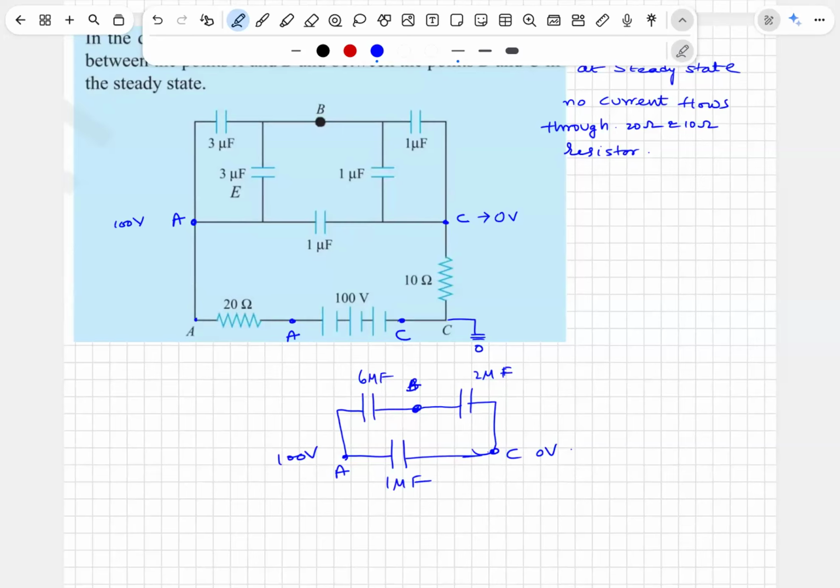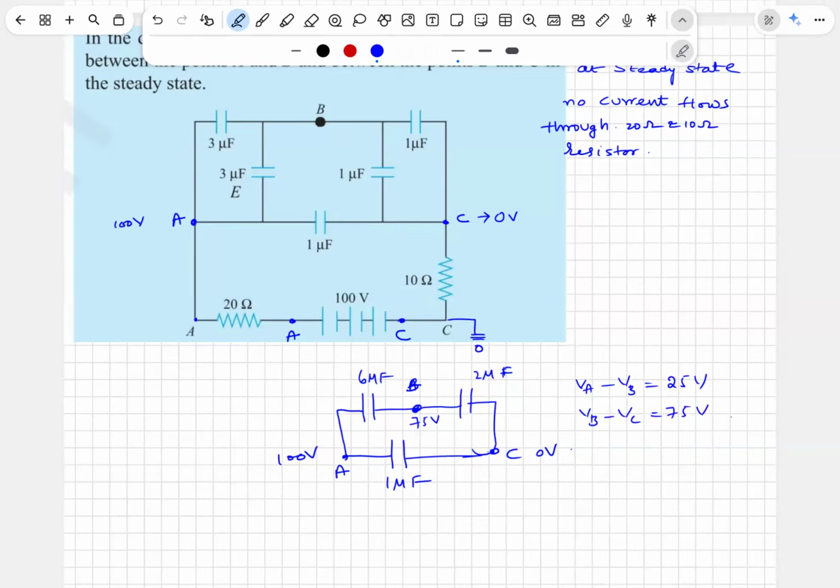So which obviously means this should be 75 volt. So what is the potential drop across AB now? 25 volt.